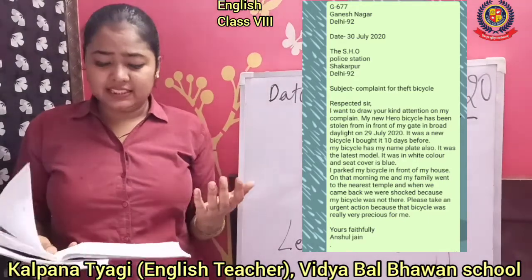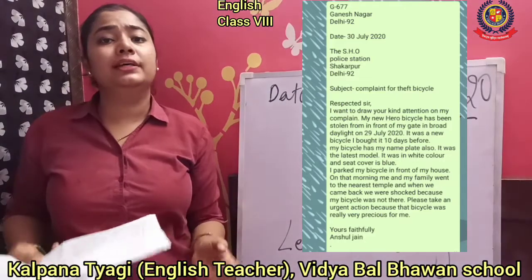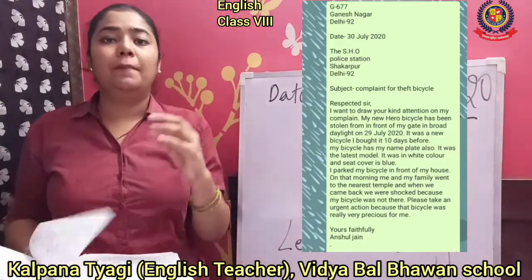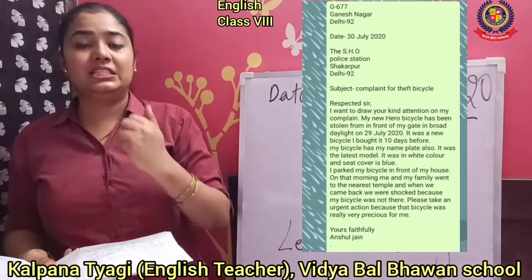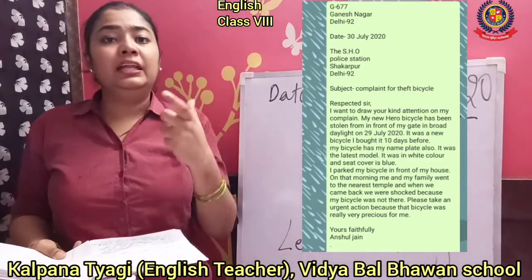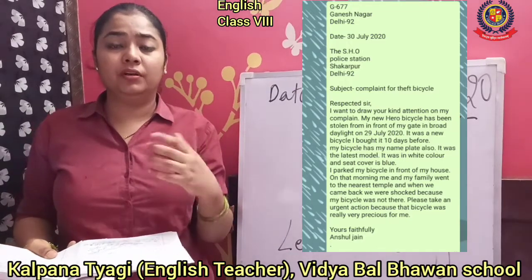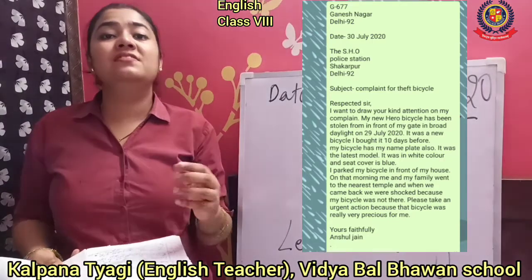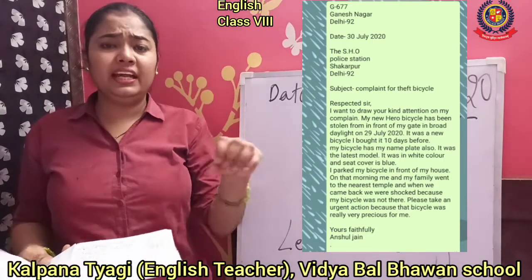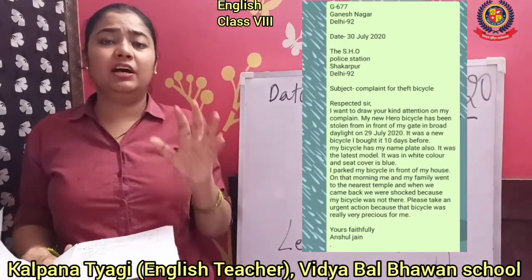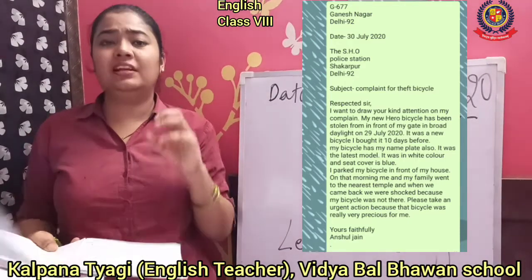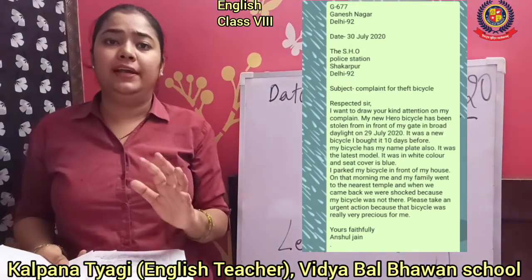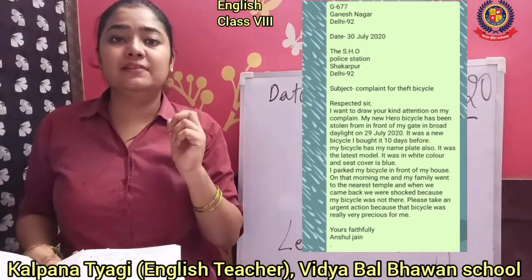In the second paragraph you have to explain the condition of your bicycle: its bell, its seat, its brake, any name plate you have placed on it, any tattoos, any signature, anything which can help the police department find your bicycle easily.